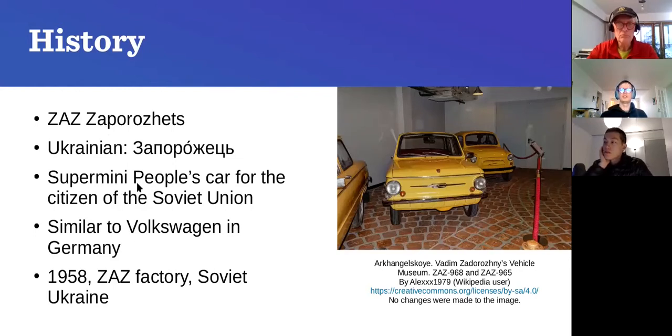somewhere around the 50s, 60s, every bigger, more successful national country tried to build their own affordable car for their own people. And the Soviet Union was no exception, and came up with this super mini people's car for the citizen of the Soviet Union called Zaporozhets.